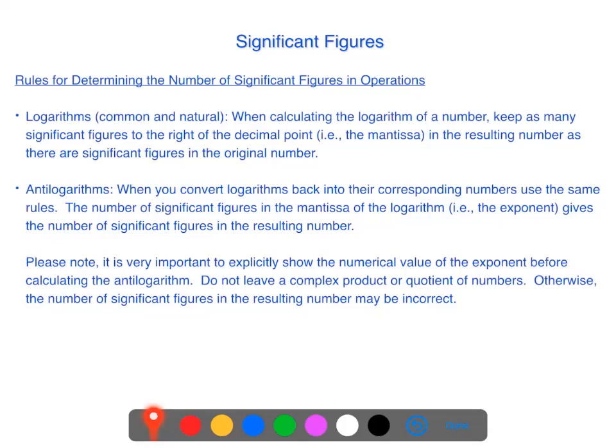Otherwise, it becomes very difficult at the end of your calculation to assess how many sig figs you should have in your final response. So do not leave a complex product or quotient of numbers. Again, otherwise the number of sig figs in the resulting number may be incorrect. So let's look at a couple examples of logs and antilogs, lns and e to the x.